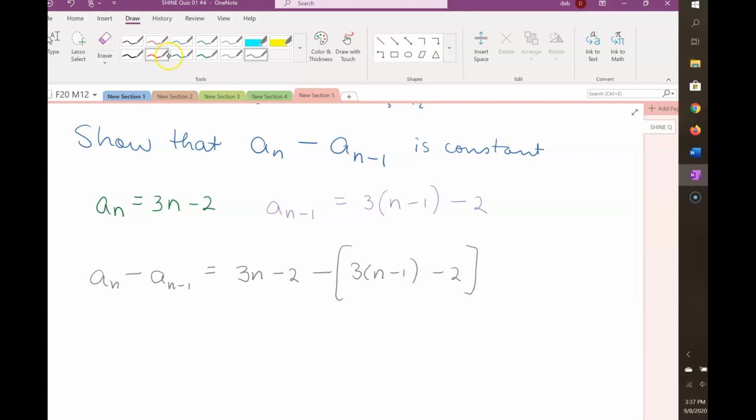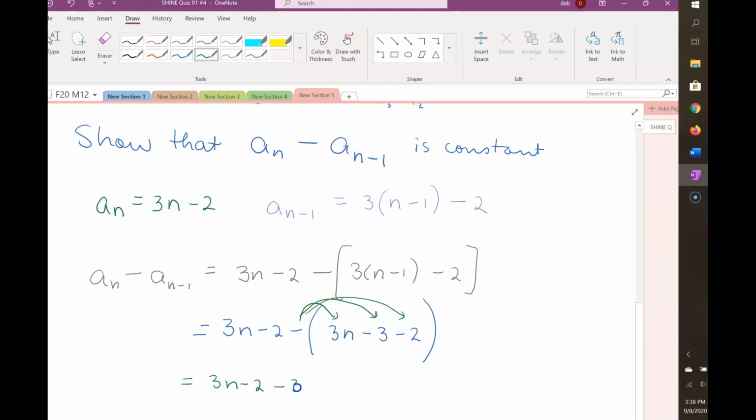Then let's do a little bit of algebra magic to see that that's 3n minus 2 minus, inside the brackets, 3n minus 3 minus 2. So then 3n minus 2, distribute the negative, get minus 3n plus 3 plus 2, or you could combine the negative 3 and the negative 2 together first if you like.